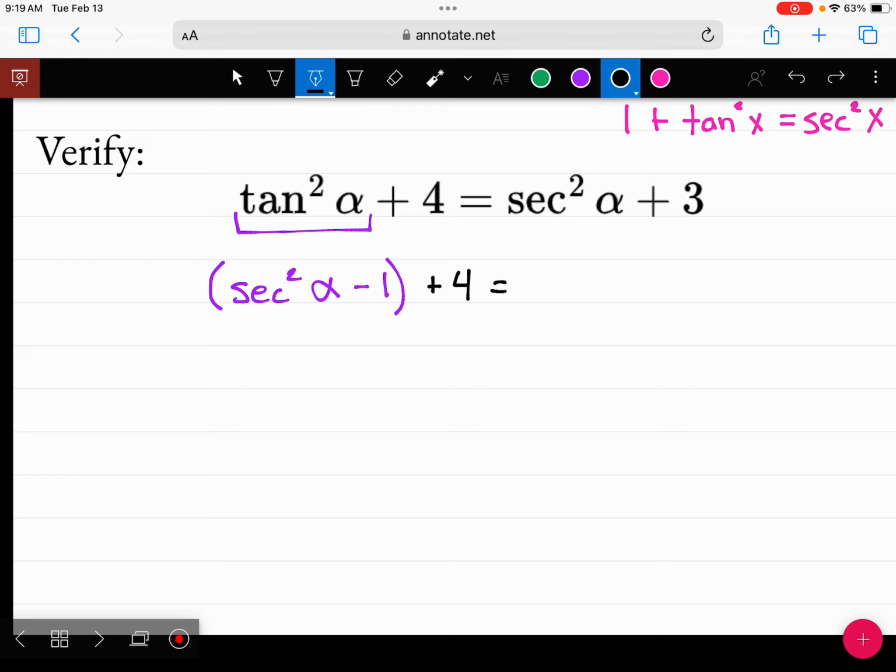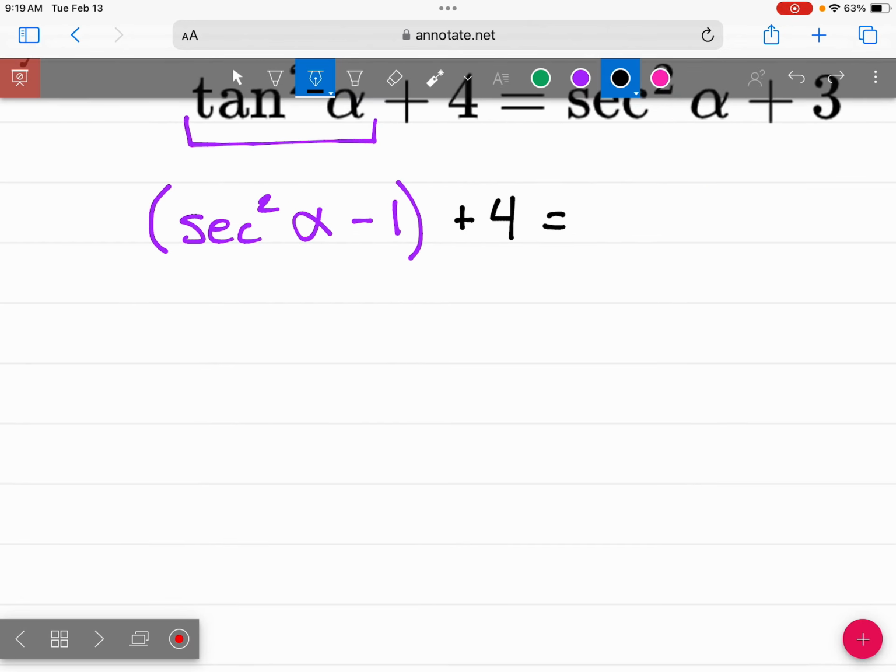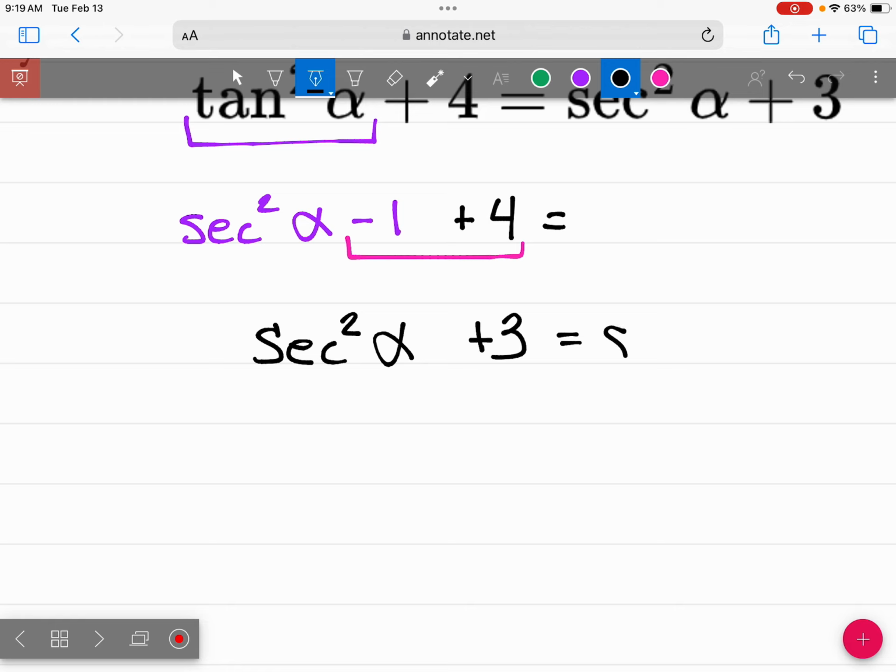What can we do next? How do we finish it out? Because we're almost there. Are these parentheses actually doing anything? No. So what can we do to simplify it? Combine like terms. I have a minus 1 and a plus 4, which gives us secant squared of alpha plus 3, which is exactly what we wanted it to become.